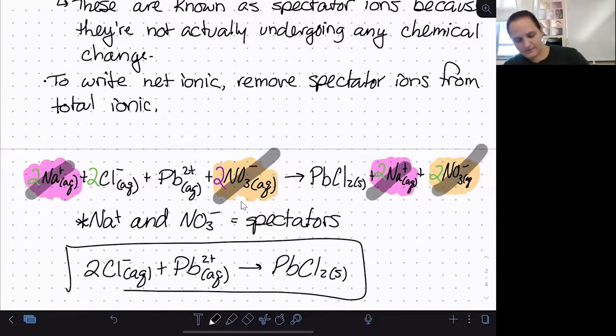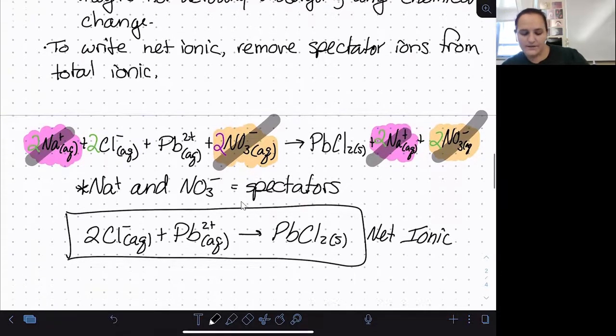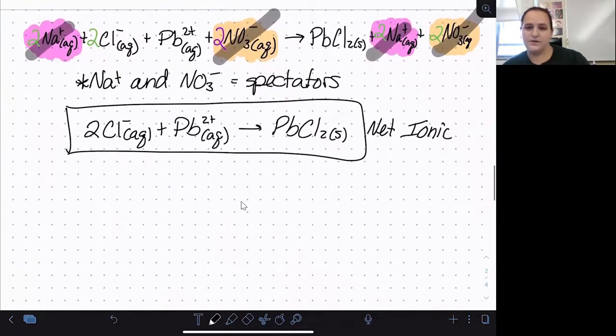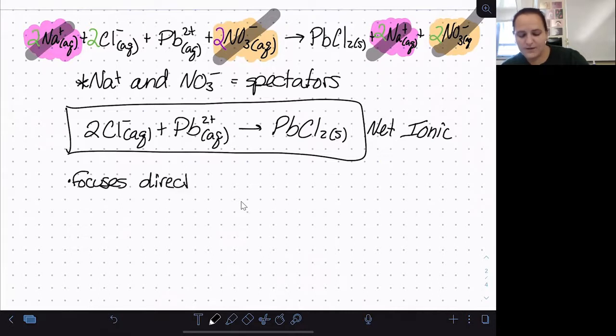So that is our net ionic equation. So the benefit of the net ionic equation is that it's short and sweet, and that it focuses directly on the actual chemical change that's happening, that there's no extraneous information.